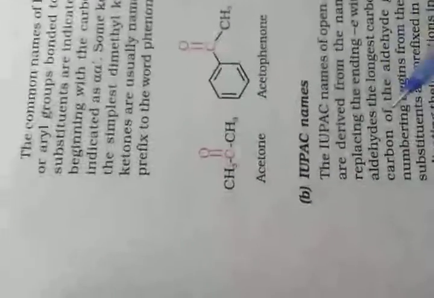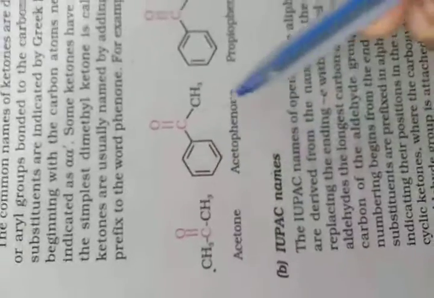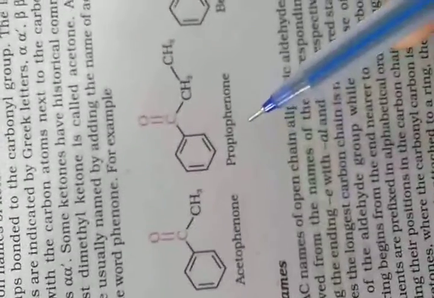So this one, with two groups, is called acetone. Now the one with an aryl group is called acetophenone. This one is propiophenone and this one is called benzophenone. This one is called the phenone.